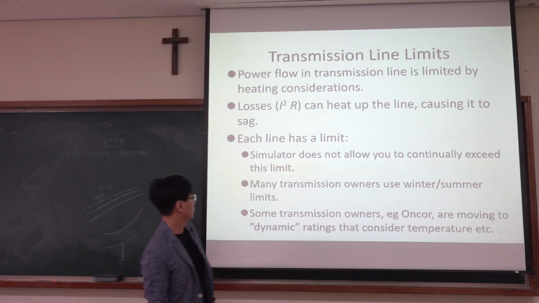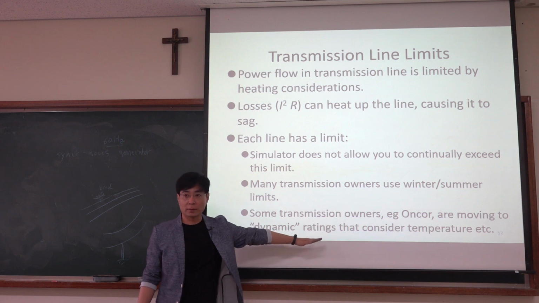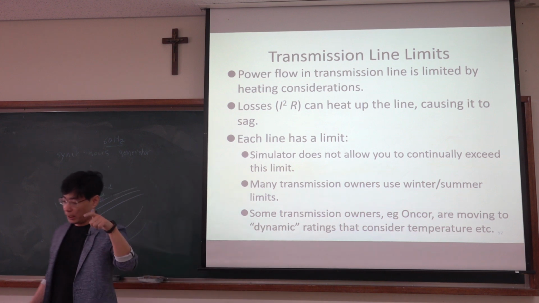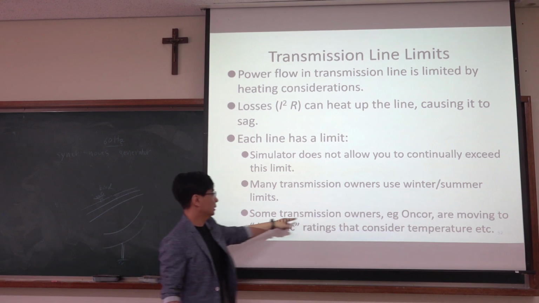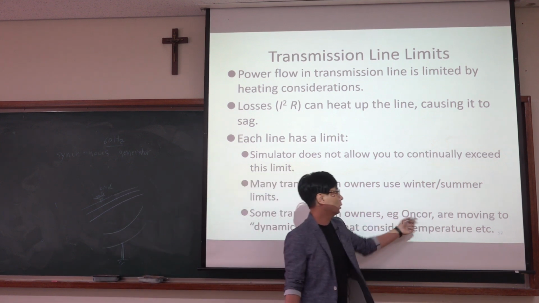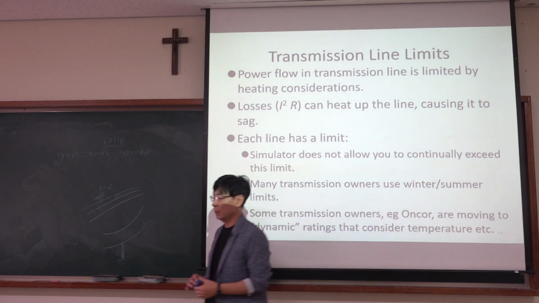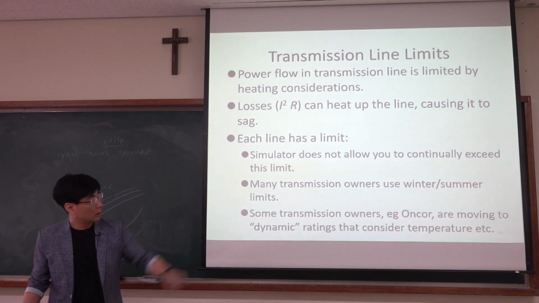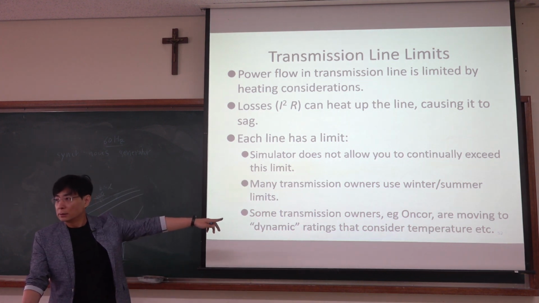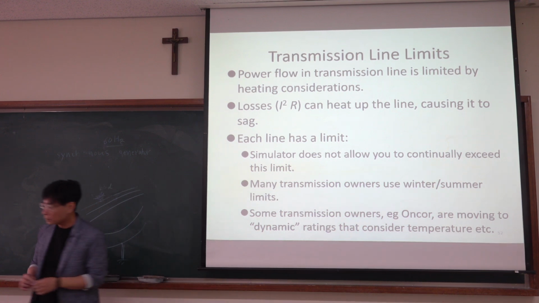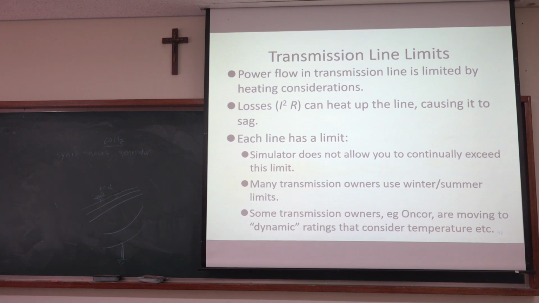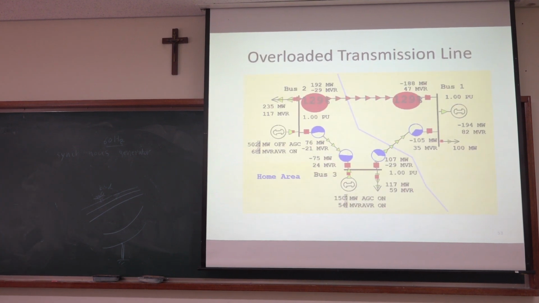So that is called dynamic rating. The maximum capacity of the line can change over the season. Some transmission owners like Encore, a utility company like KEPCO in Korea, of Texas, are moving to dynamic rating that considers temperature.